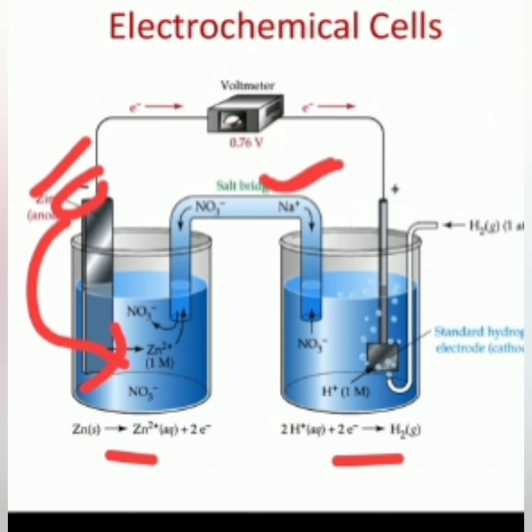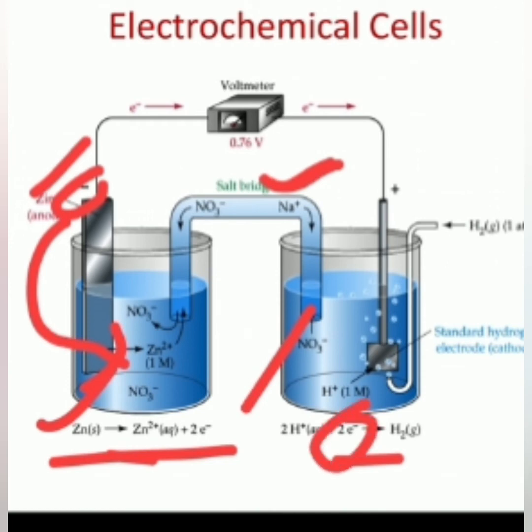A salt bridge is a U-shaped tube of potassium nitrate, sodium chloride or potassium chloride and agar-agar powder. Oxidation takes place at the anode and reduction takes place at the cathode.